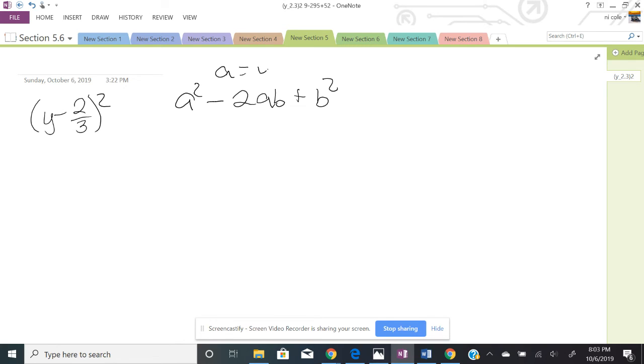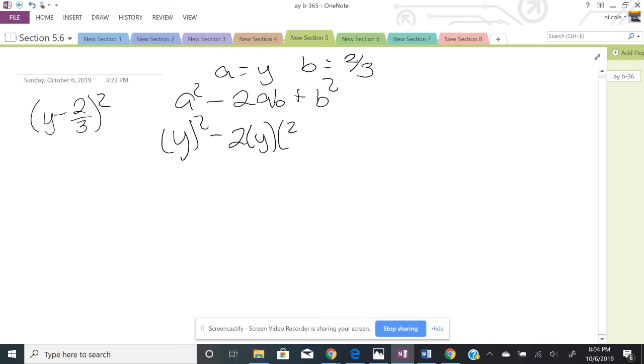A is equal to y, b is equal to 2/3. So I have y squared minus 2 times y times 2/3 plus 2/3 squared. Okay, I'm going to make that a fraction to help my multiplication.